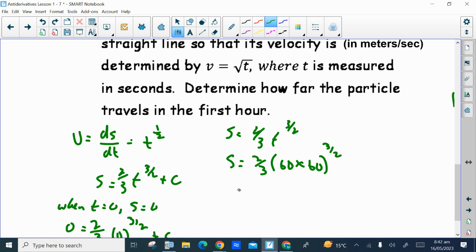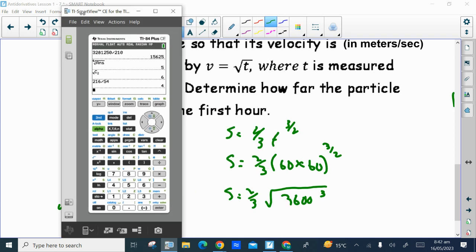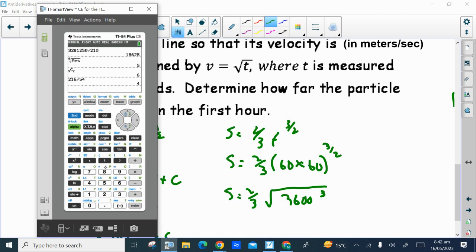So that'll be 3,600. It'll be 2/3 times the square root of 3,600 cubed. So I've got 2/3 first times the square root of 3,600, and that is cubed.